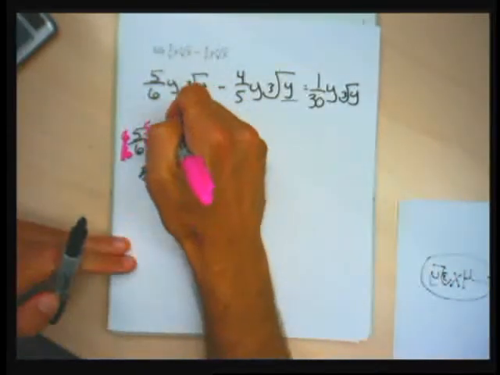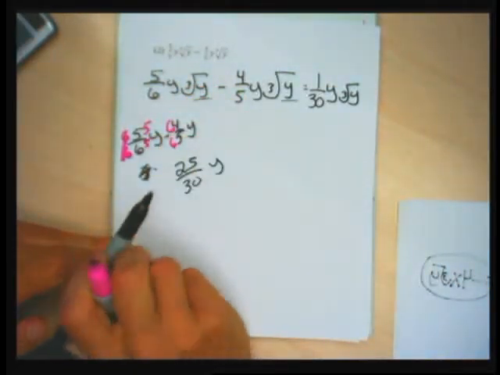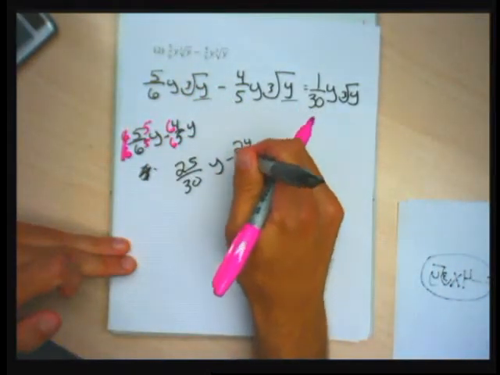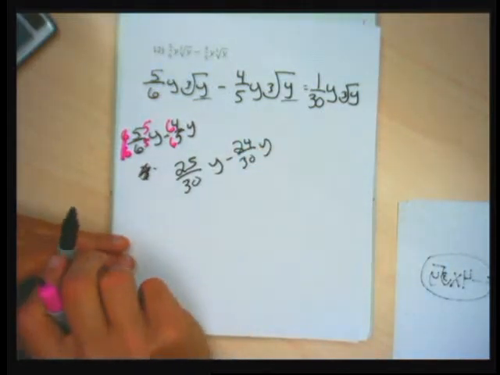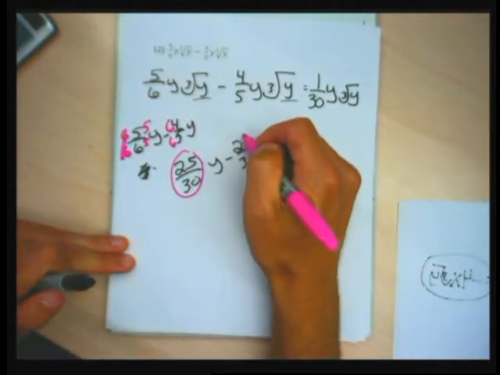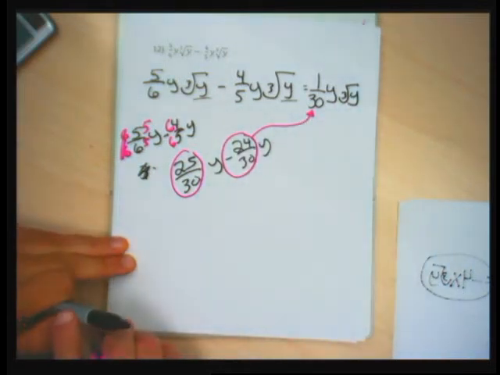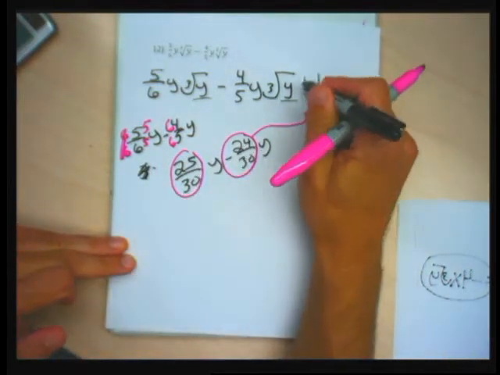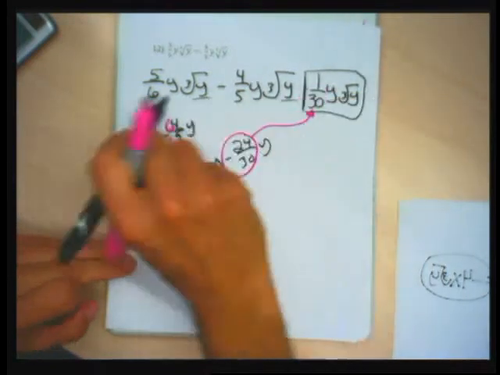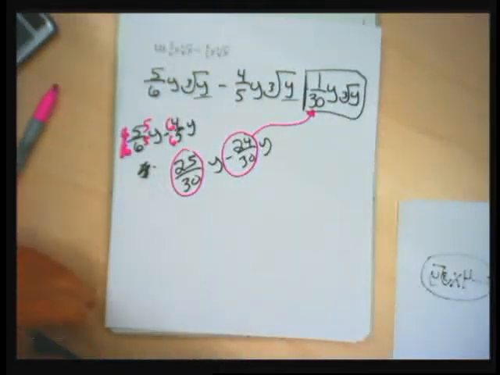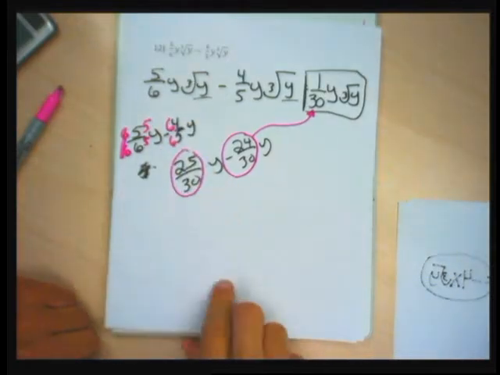And I'd multiply the 4/5 by 6/6 and make that minus 24/30 y. And then I'd subtract the 25/30 minus the 24/30. And the 30 part doesn't change. You just subtract the 25 and the 24 and you get the 1/30. I generally can do fractions well enough that I don't resort to my calculator, but if your calculator is a lot quicker and more accurate, I don't have a problem with you using your calculator to do the fraction work.